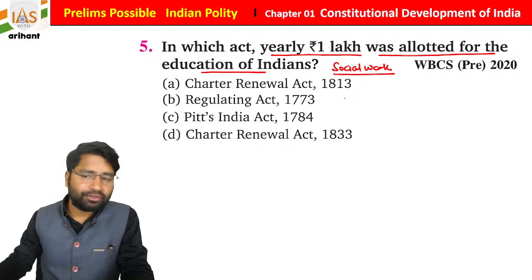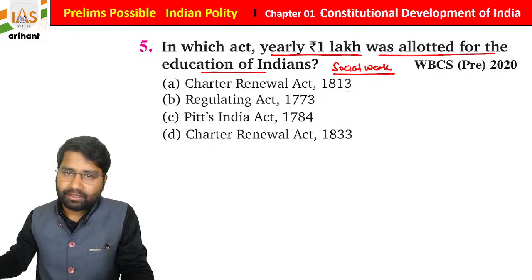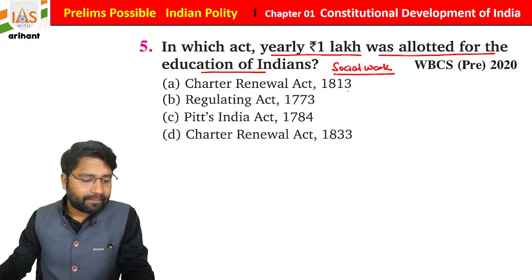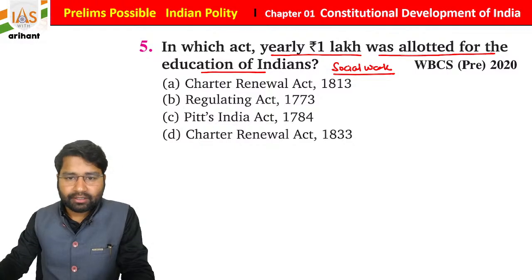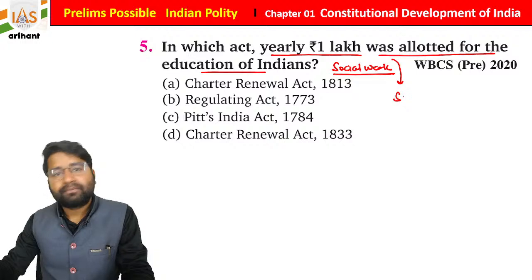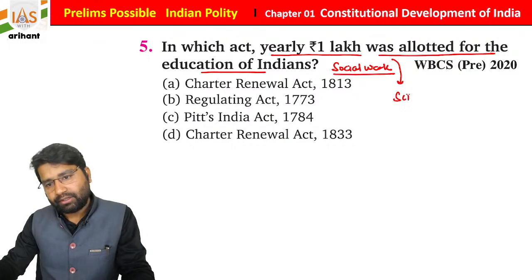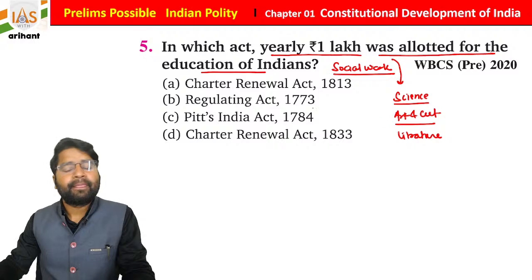This was a question in the WBCS West Bengal examination. Under this provision, students, they wanted to introduce Western education in India in terms of science, art and culture promotion as well as literature.